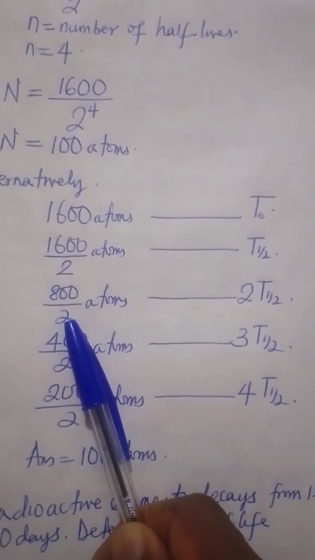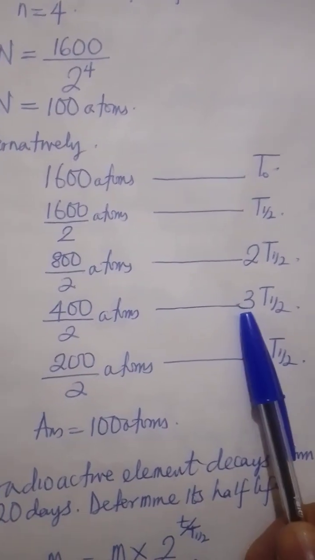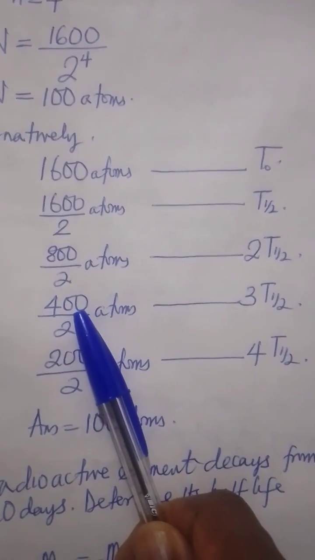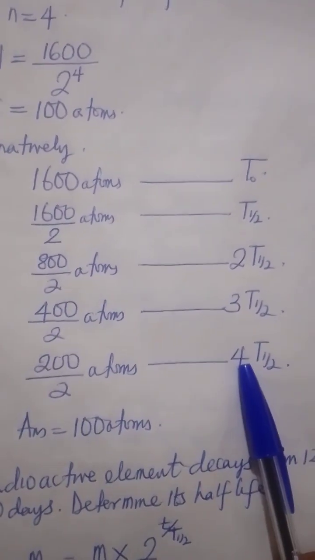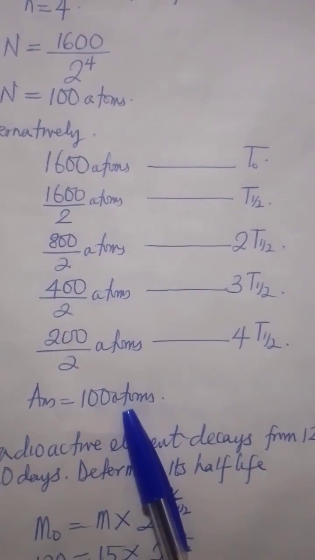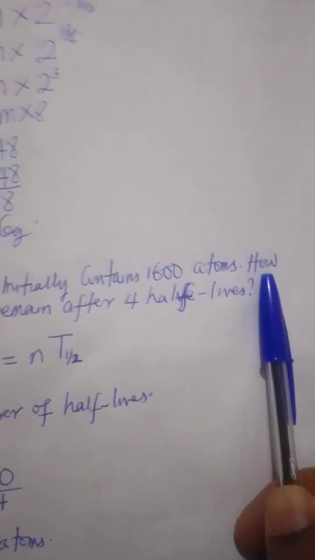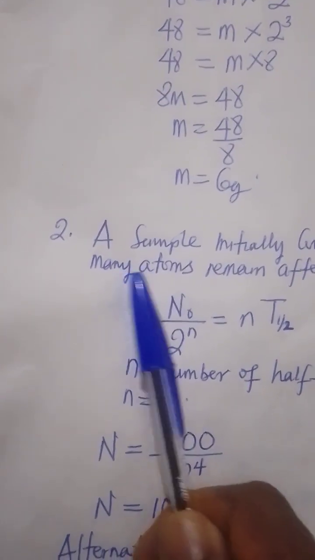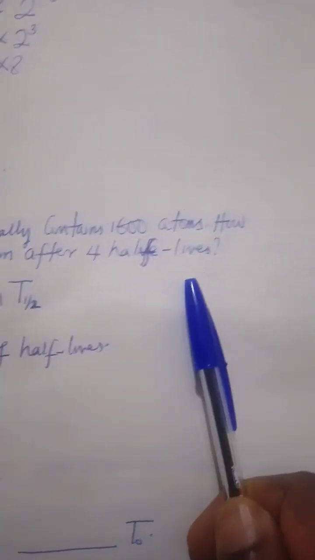That will be 800 divided by 2, that will be 400. The third half-life, dividing 400 by 2, that will be 200. The fourth half-life, dividing 200 by 2, you end up with 100 atoms. We are told to find the number of atoms, in other words, how many atoms remain after 4 half-lives.